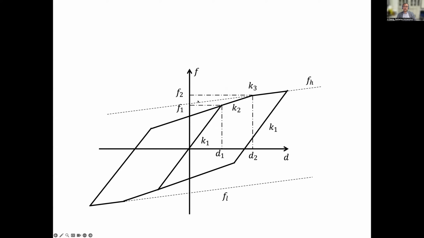It is smaller than F2 by K3 multiplied by D2, so F2 minus D2 multiplied by K3 gives its force. So F high will be the force of K3 multiplied by D plus QC, and this one will be minus QC. Just keep them within this boundary, and then you can calculate the trilinear model very smoothly.